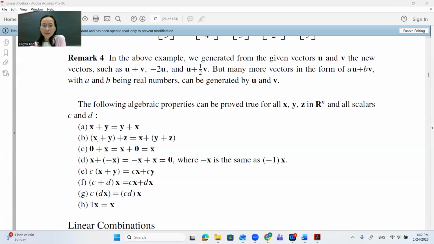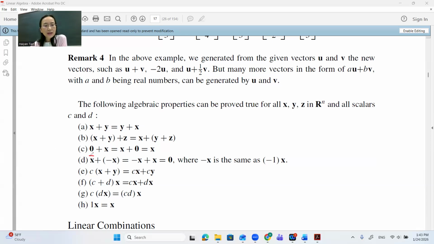That is, when you have three vectors of the same dimension in the same dimensional space, you can add the first two first, and then add z, or you can add the last two vectors at the beginning, and then add x. So it doesn't matter which one you do first. So this is called the associative property.